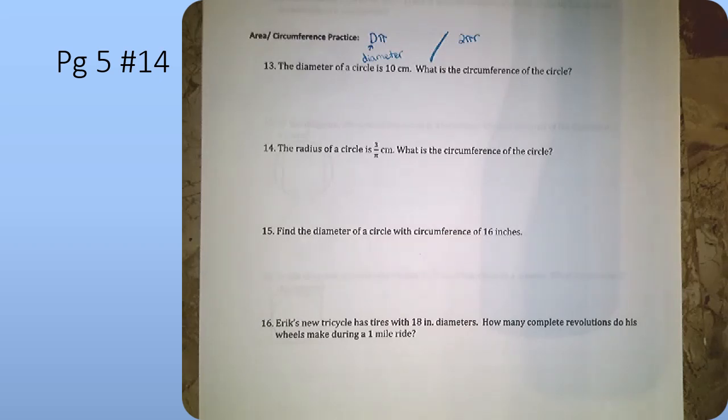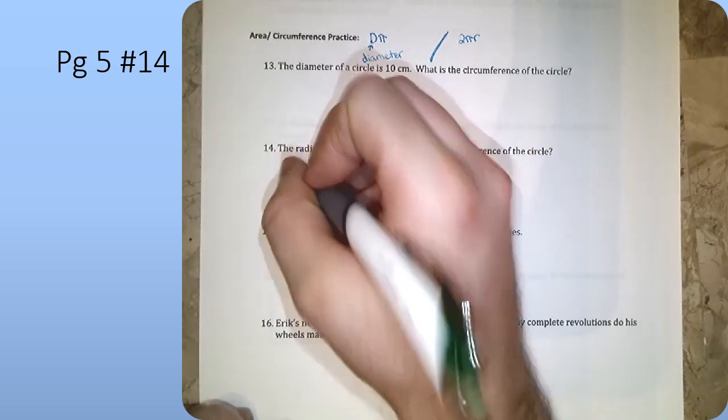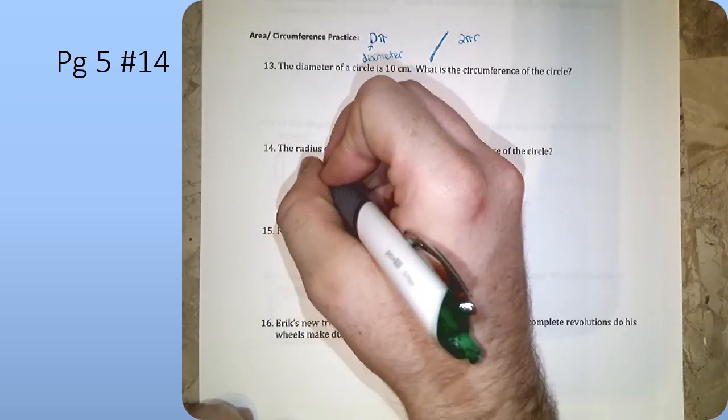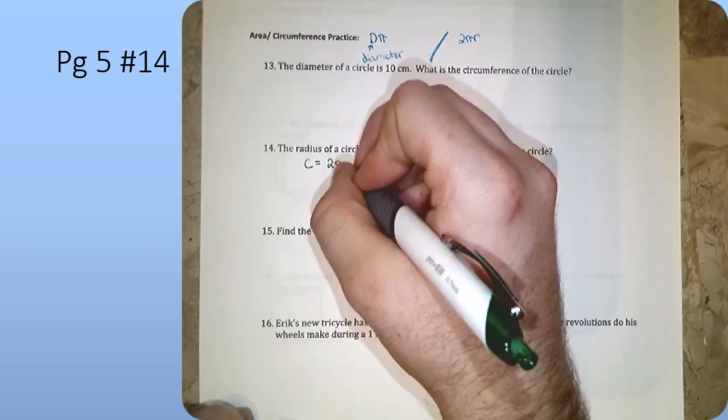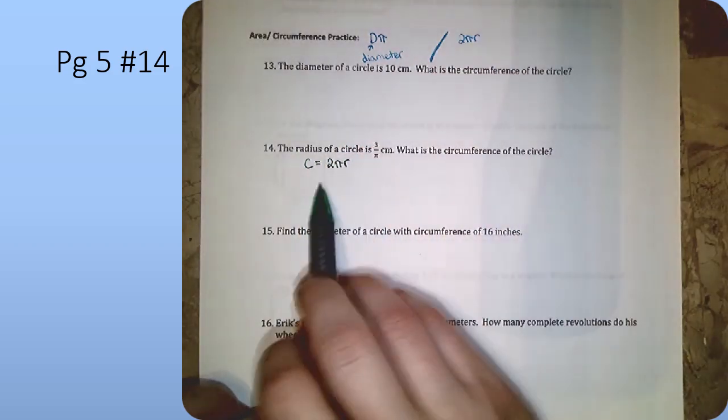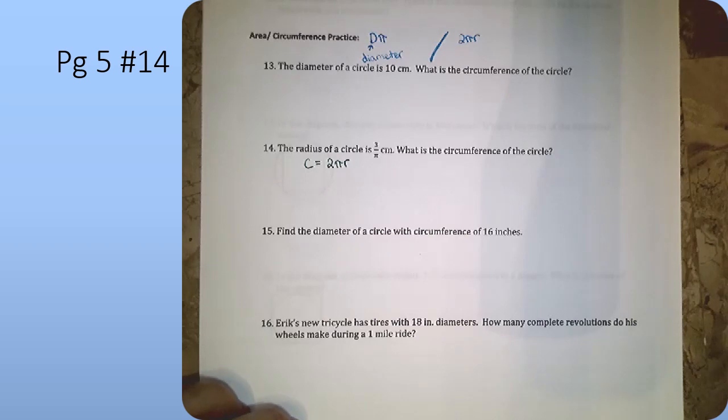So let's look at, again, number 14. This one says the radius of a circle is 3 over pi centimeters. What's the circumference of the circle? So again, circumference is equal to 2 pi r. Since they gave me the radius, that's why I used this one.